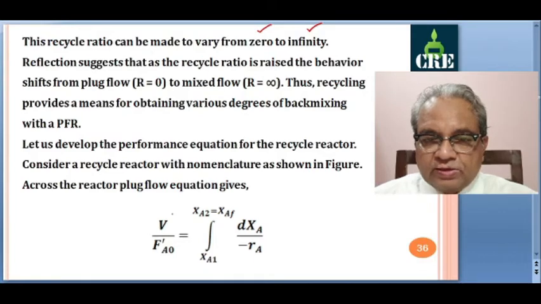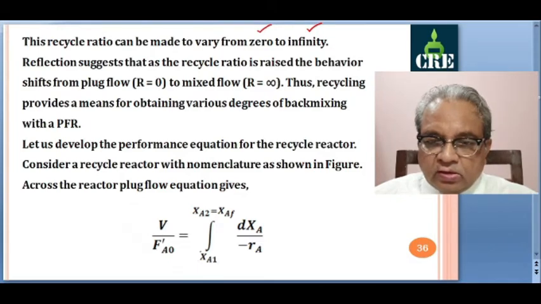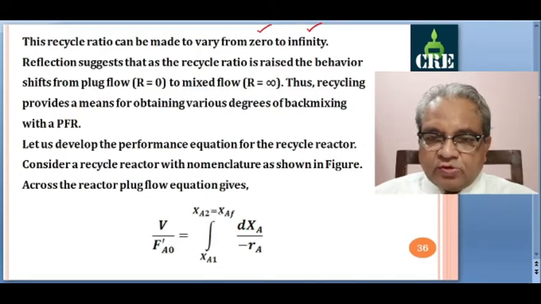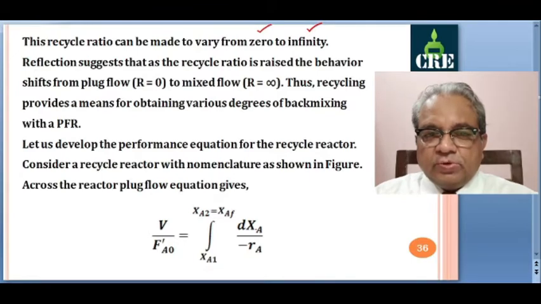So V by FA0 prime is the performance equation of plug flow. What is entering is XA1, or the corresponding value of CA1, and what is leaving is XA2. The conversion level XA2 we call XA final or XAF. So this integral dXA by minus rA represents the plug flow reactor equation.